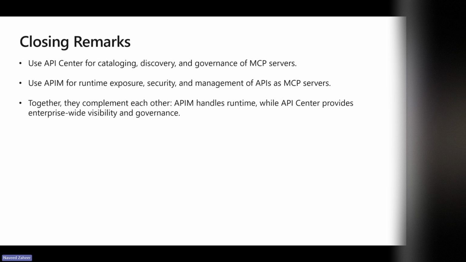At the same time, if you are doing third-party integrations with partners like GitHub, for example, you can do that as well. So both complement each other. APIM handles runtime, while API Center provides you the visibility, the governance and visibility at the enterprise level.